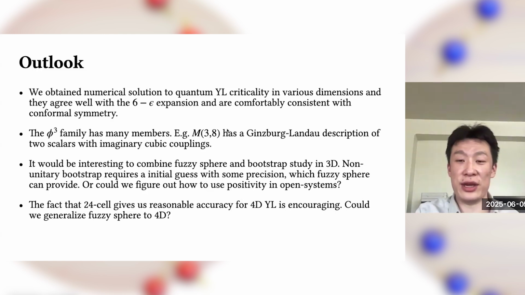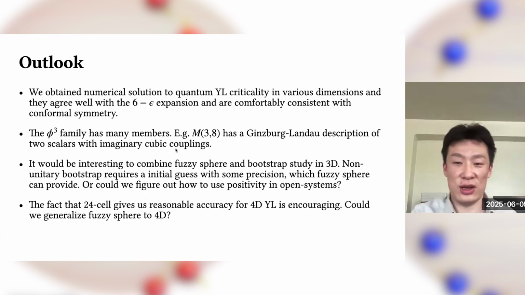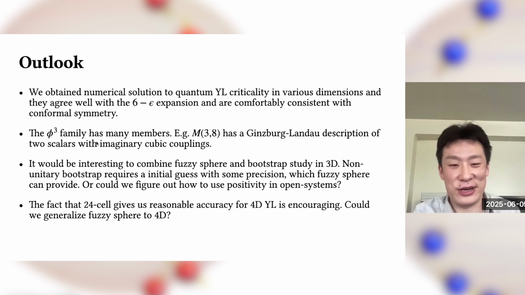For example, the M(3,8) in 2 dimensions has a Ginzburg-Landau description of 2 scalars with imaginary cubic couplings. So we might one day have an archipelago of phi cube theories, for example. And it will also be very nice to combine fuzzy sphere and bootstrap study.